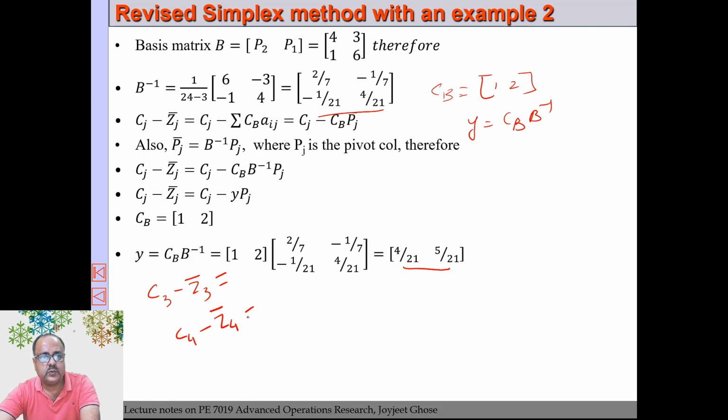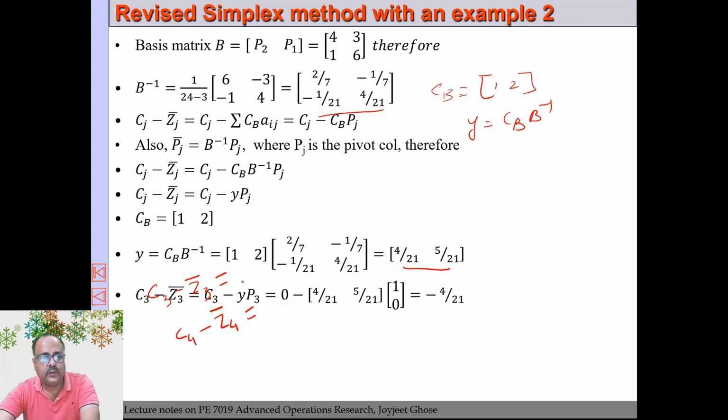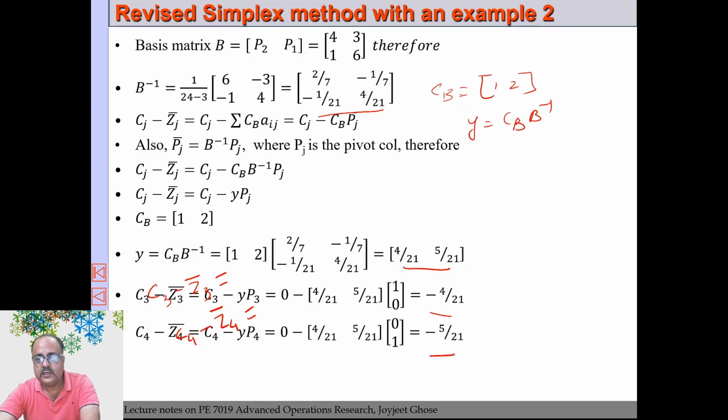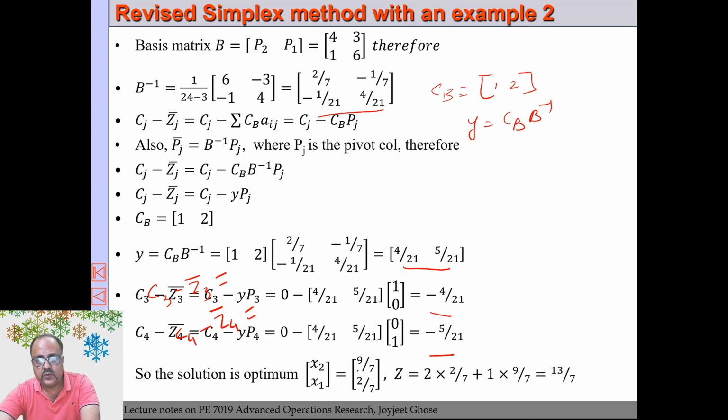So these two, if they come out to be less than 0, then it will be an optimal solution. So it is coming out to be negative, and this also negative. This is the optimal solution, and the solution is x2 is equal to 9 by 7, x1 is 2 by 7, and z comes out to be 3 by 7.